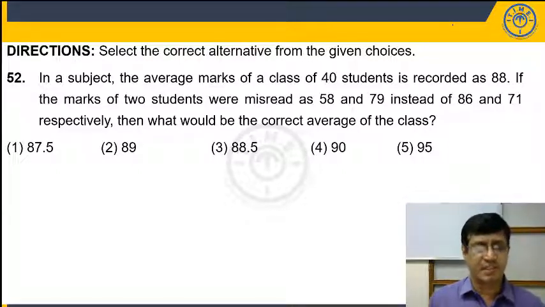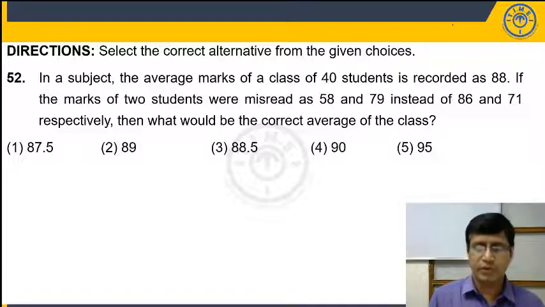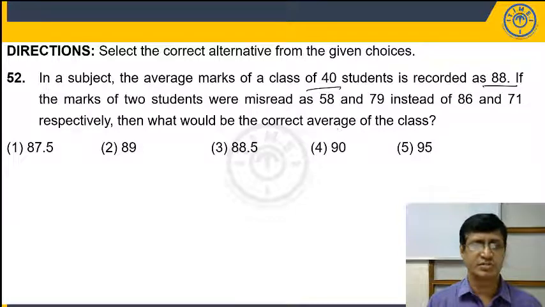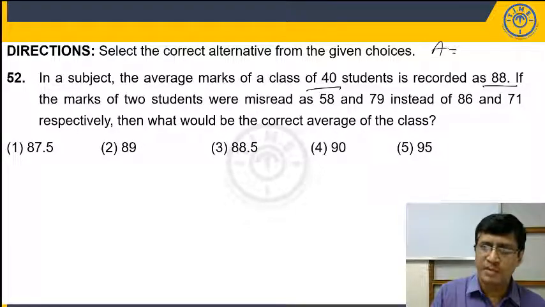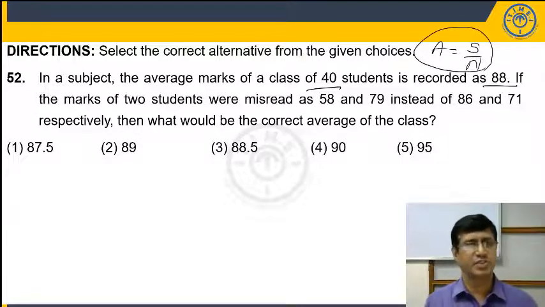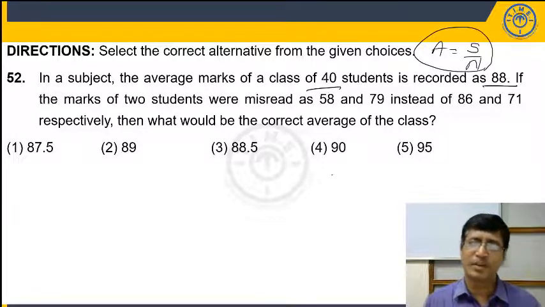In a subject, the average marks of a class of 40 students is recorded as 88. The number of students here is 40 and 88 is the average. Of course, we already discussed in the previous example that average is the sum of the numbers divided by the number of numbers. Please make a note of all these points and remember them.